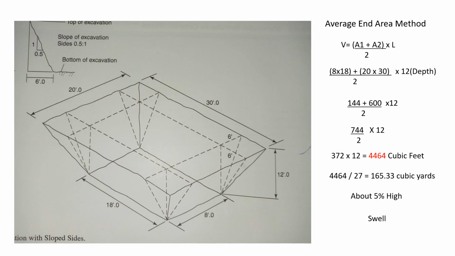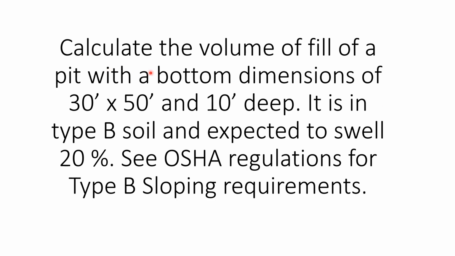Okay, so let's try. Here's a typical kind of question. Calculate the volume of fill of a pit with bottom dimensions of 30 by 50 and 10 feet deep. It is in type B soil and expected to swell 20%.